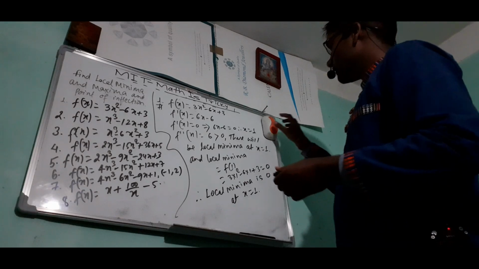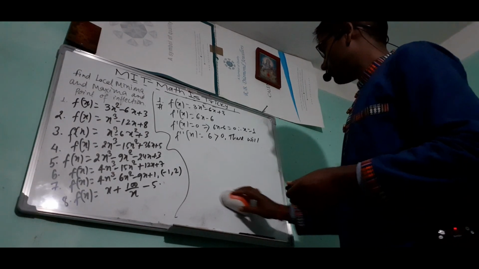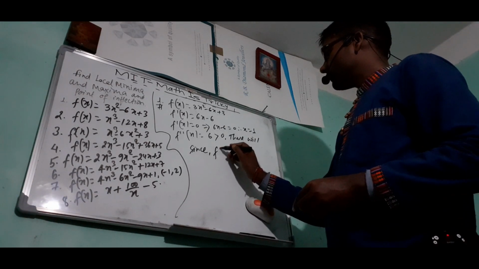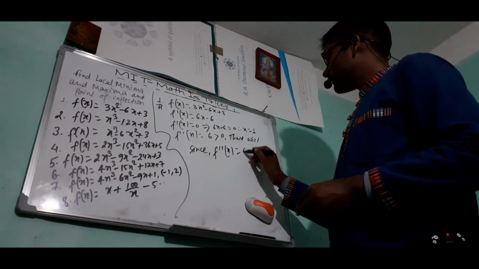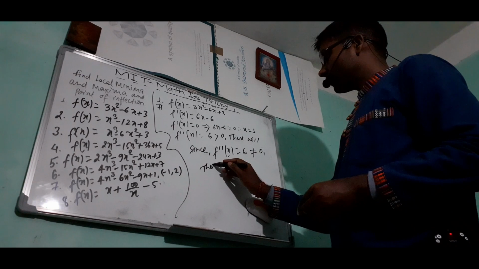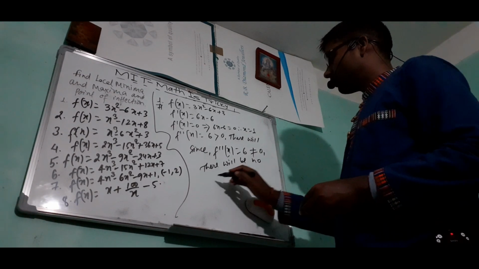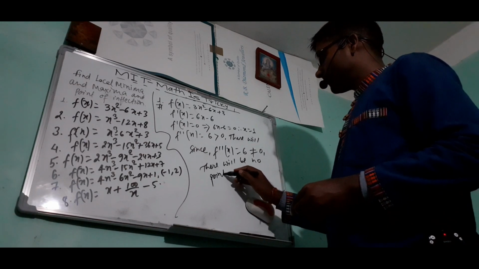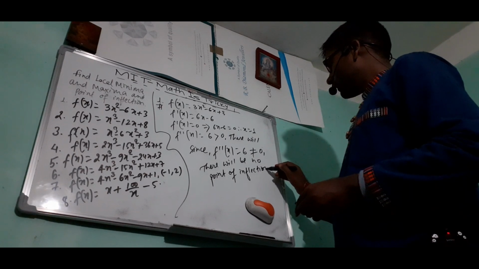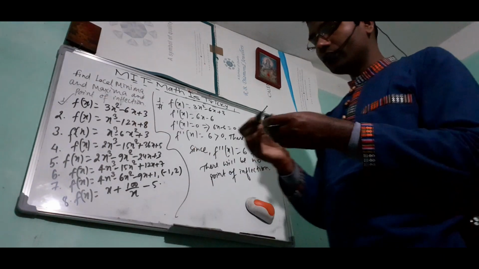Now for point of inflection, since f double dash x is 6, not equal to 0, there will be no point of inflection. This is question number 1. I've solved it for you.